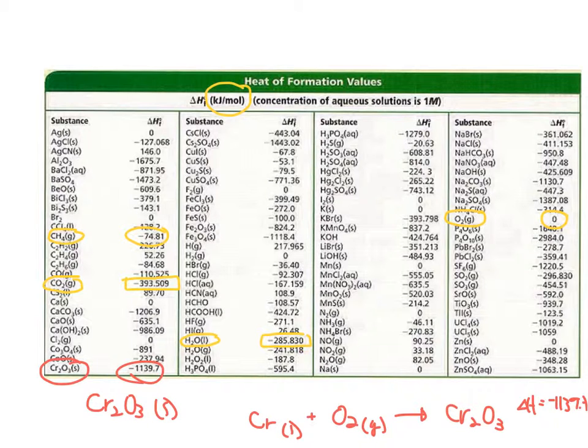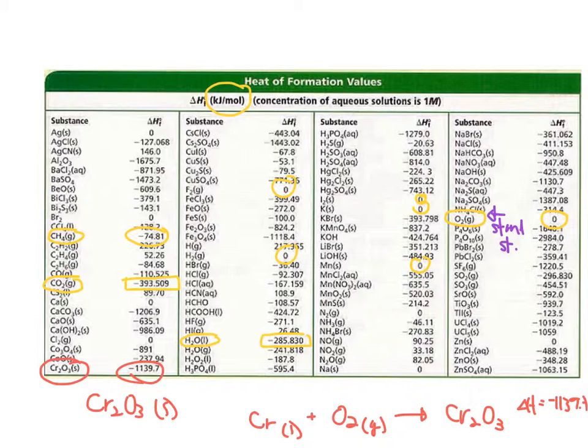Now, you might be wondering, why is that? You'll notice there's a lot of things in here that have enthalpies of formation of 0. The reason is that oxygen gas is the standard state of oxygen. That means that at room temperature, at 1 atmosphere, at 25 degrees Celsius, oxygen gas is the most stable form of oxygen, so its enthalpy of formation is going to be 0.